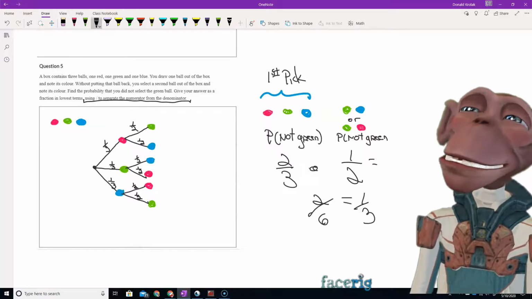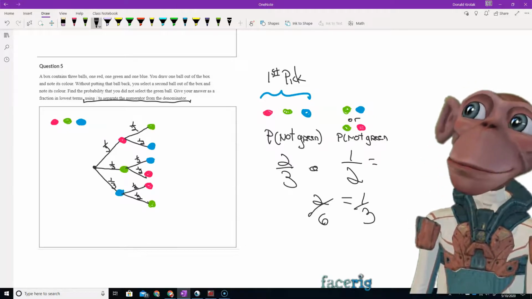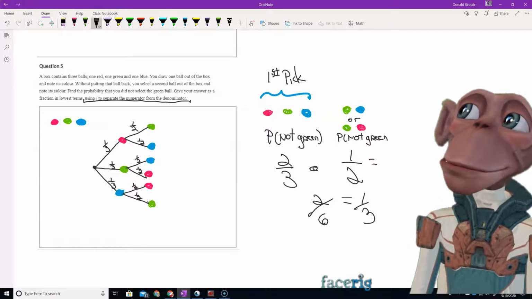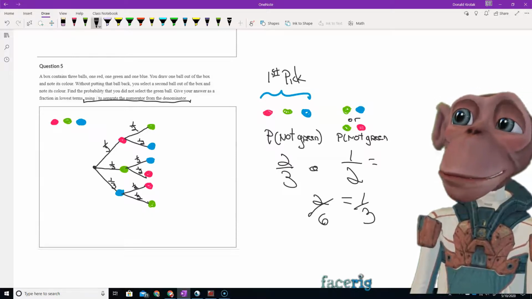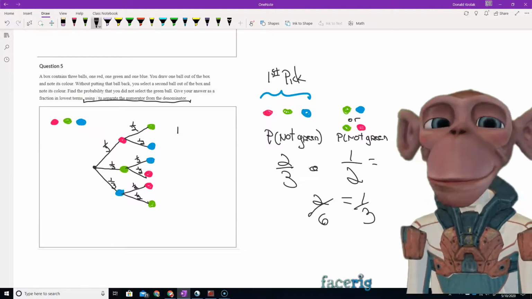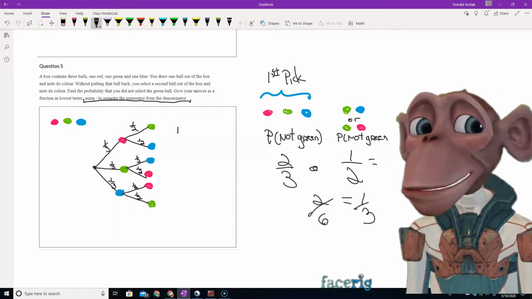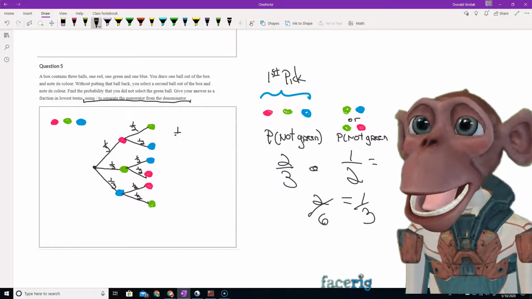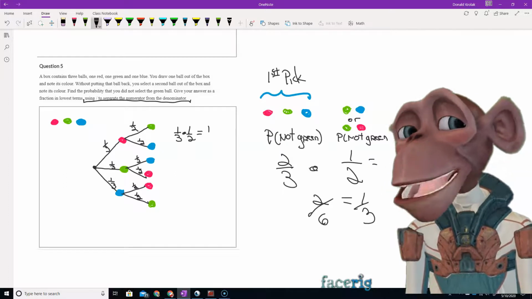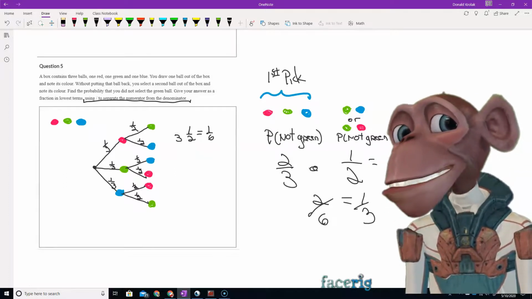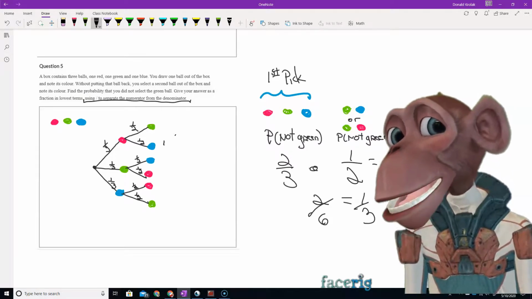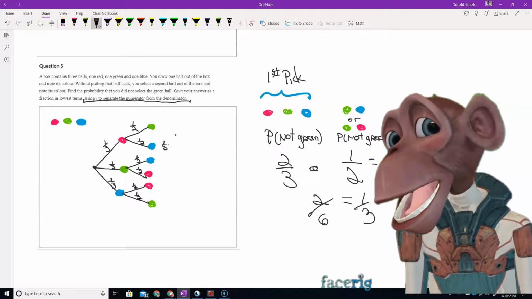So this is what I mean. Probability of getting a red is 1/3. And then the next probability right here is a half. So the probability then is 1/3 times 1/2, which is 1/6. That's doing the red, then the blue.